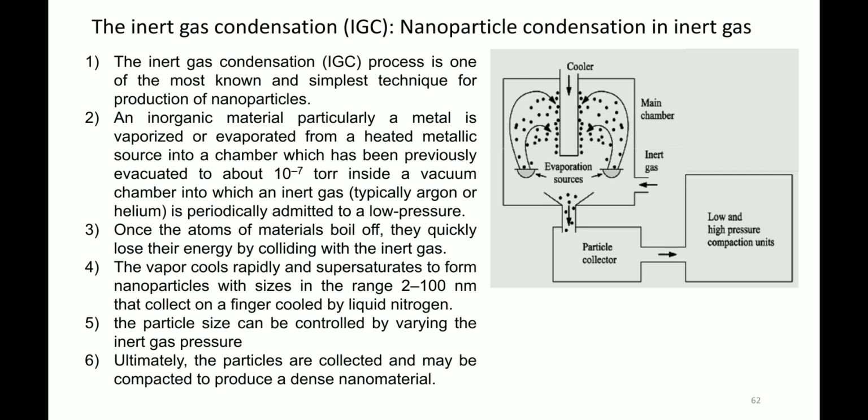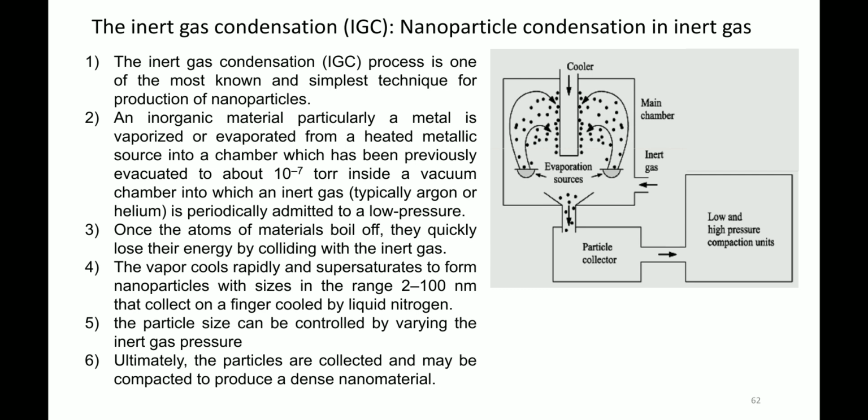By either means you have to evaporate or vaporize the metal from a heated metallic source into a chamber. The chamber is a cavity where all these things are inserted, a chamber which has previously been evacuated to 10 to the minus 7 torr, a vacuum chamber into which an inert gas, typically argon or helium, is introduced.